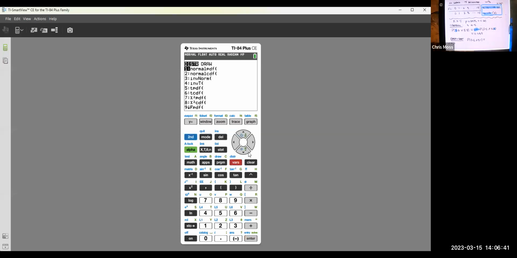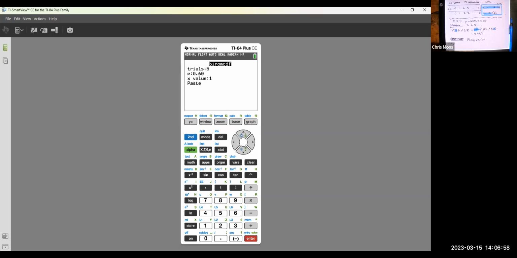But again, it is the binomial CDF function. So this time, still 5, still 0.60. This time we'll take it from 0 up to 1.